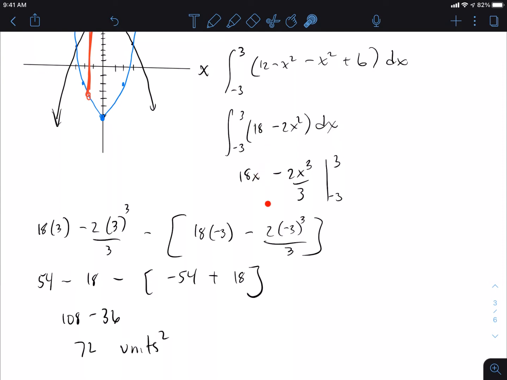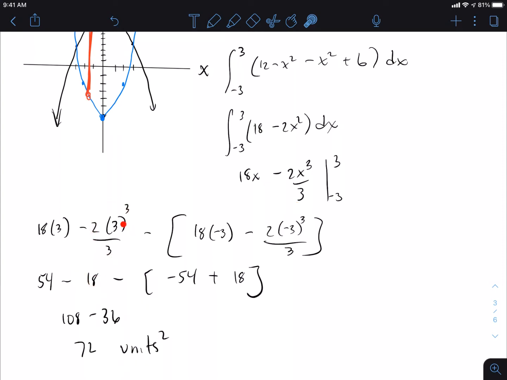How did you go from there to there? Okay, what is the integral of a constant? Add an x. 18x. Power rule: add a power, divide by that power. You okay? Yeah. Okay, I thought you were saying from here to here.